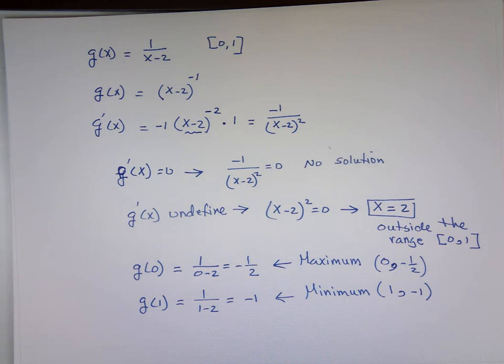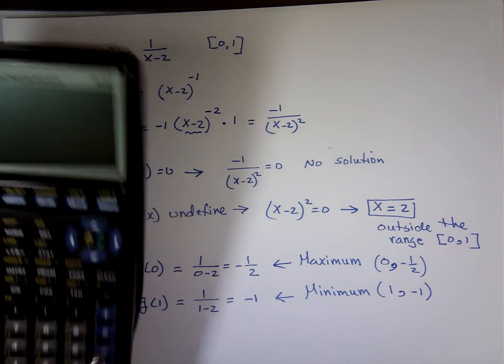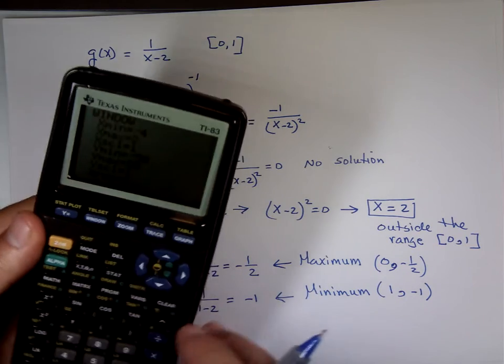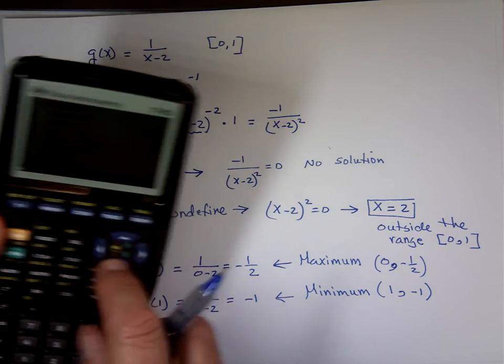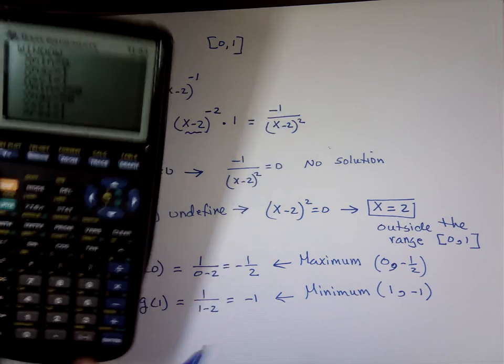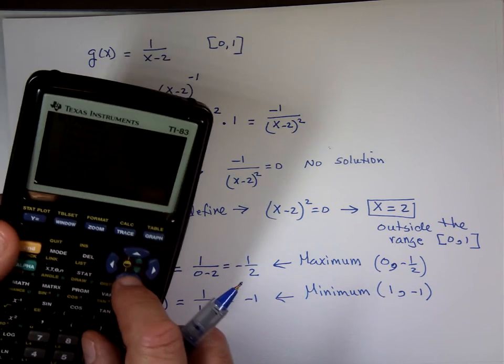I bet you if we put the window on my calculator 0 to 1, x from 0 to 1, before I do anything, x is 0, minimum value. The largest value is 1. And I'll put the y value negative 1 to 1. Let's see if that will do it.